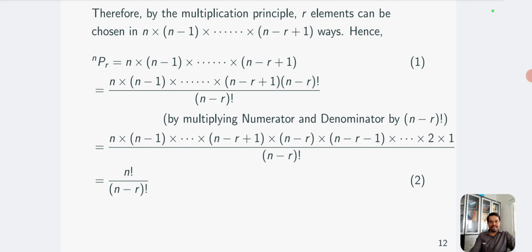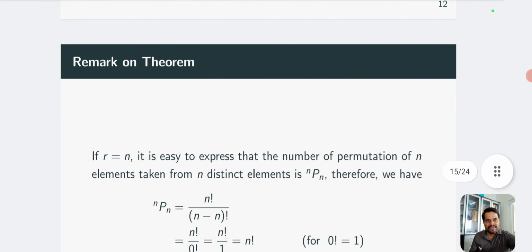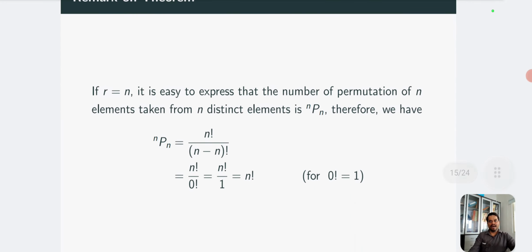Now let us see what happens if we put r equal to n. It means the number of permutations of n elements taken from n distinct elements, meaning all the elements. So this is the remark. Then we can calculate nPn. That means you can replace r by n in the previous result.